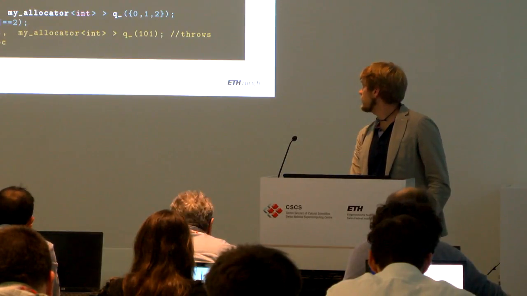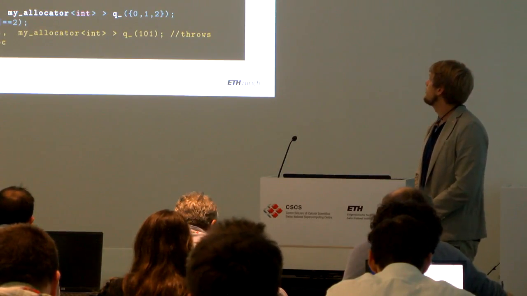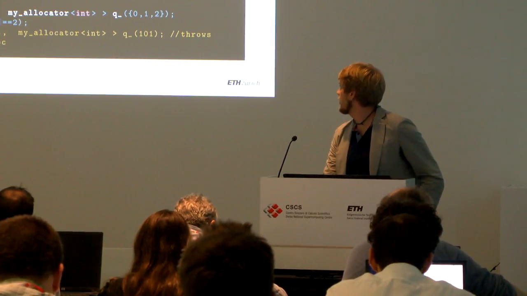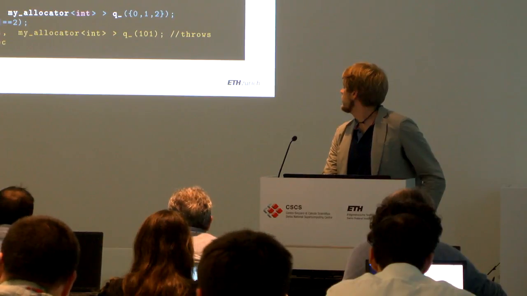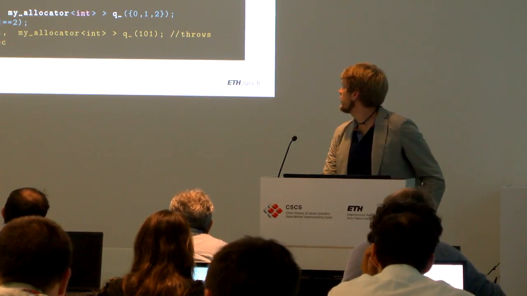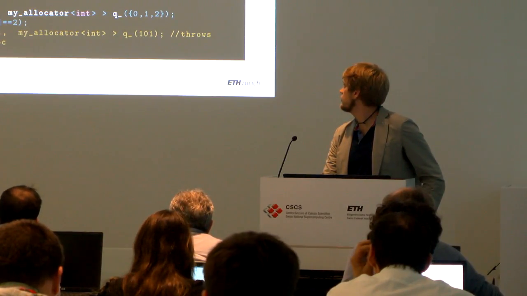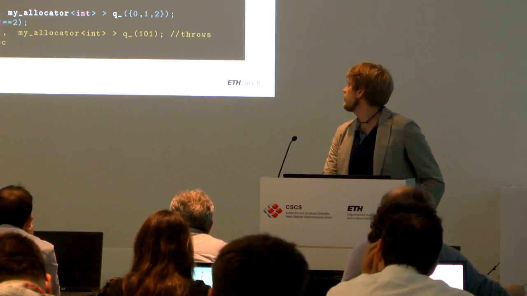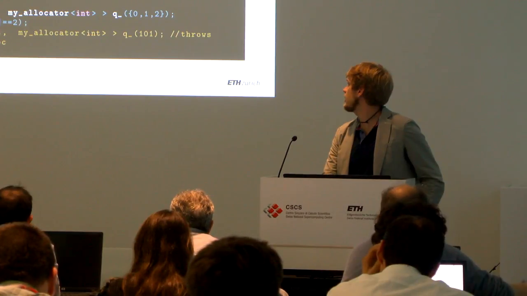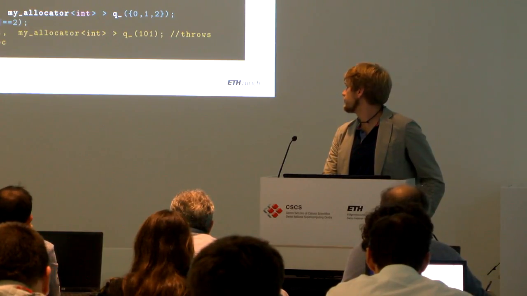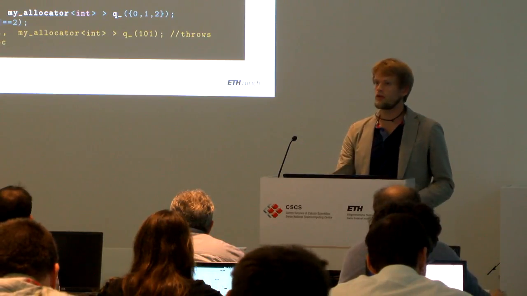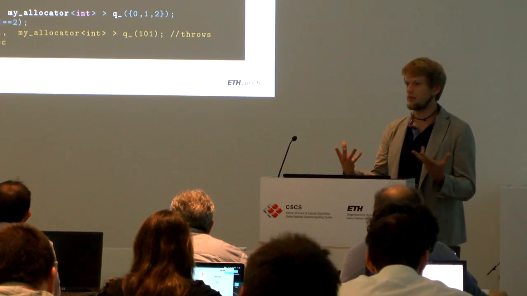Now this is an example of a stateless allocator. You can allocate up to 100 elements, and then it will throw bad_alloc. You have to do this typedef and implement an allocate and a deallocate method, and that's all that is strictly required by the API.